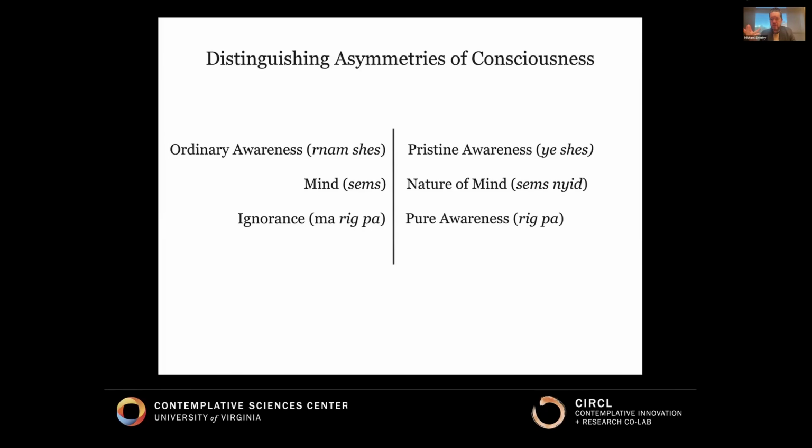contingencies of subject-object intentionality. But yet, as you'll see in this very simplistic graph that I made, there are different discernments or distinguishing gestures they make about these asymmetries of consciousness.